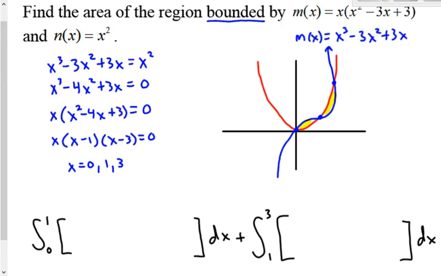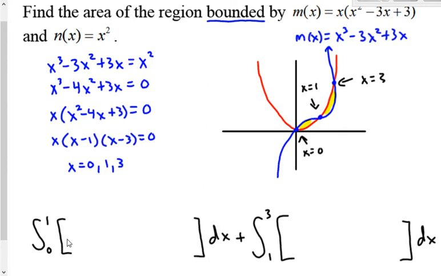And the important numbers here are right here, x equals 0, right here, x equals 1, and right here, x equals 3. So I go from 0 to 1 and then 1 to 3. Now, from 0 to 1, the cubic function's on top.